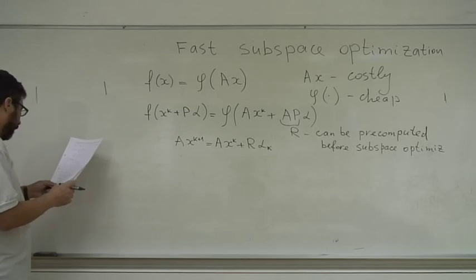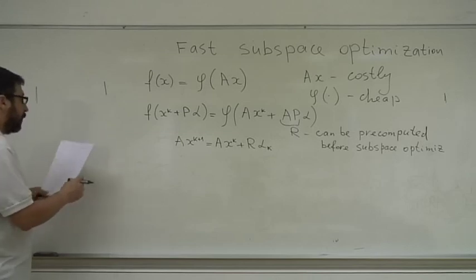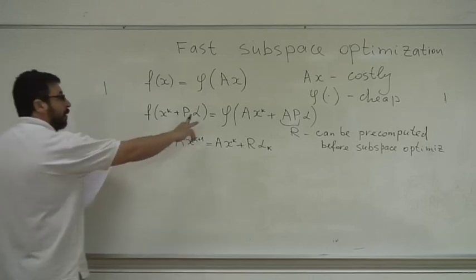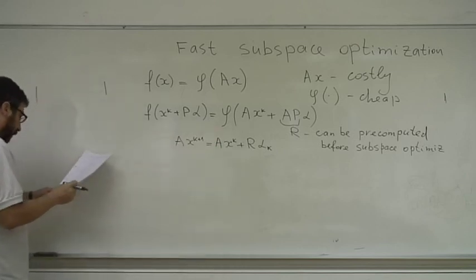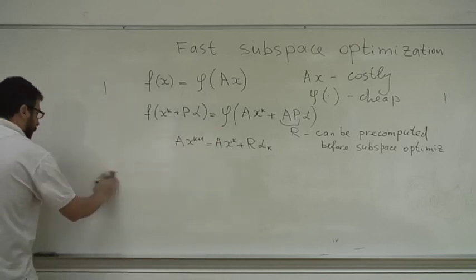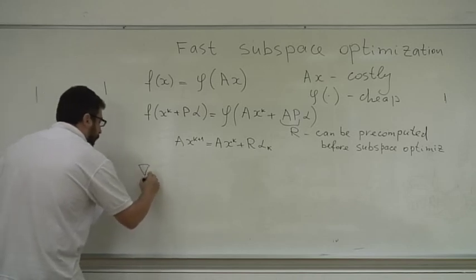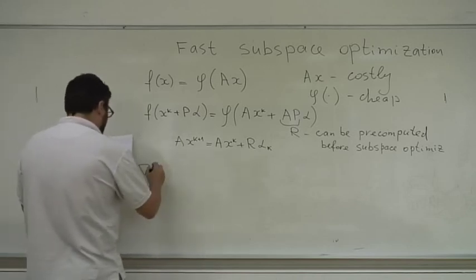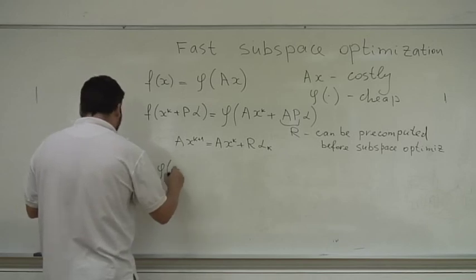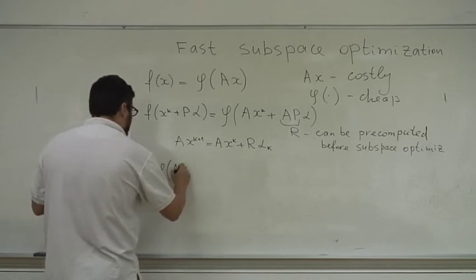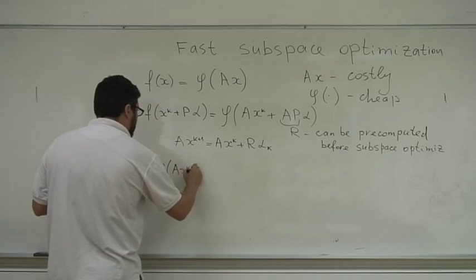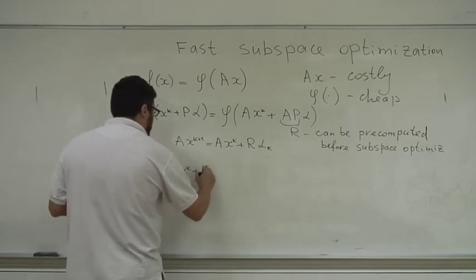Let's also write how the gradient of phi with respect to alpha looks. So gradient with respect to alpha of phi of (A x k plus R alpha).